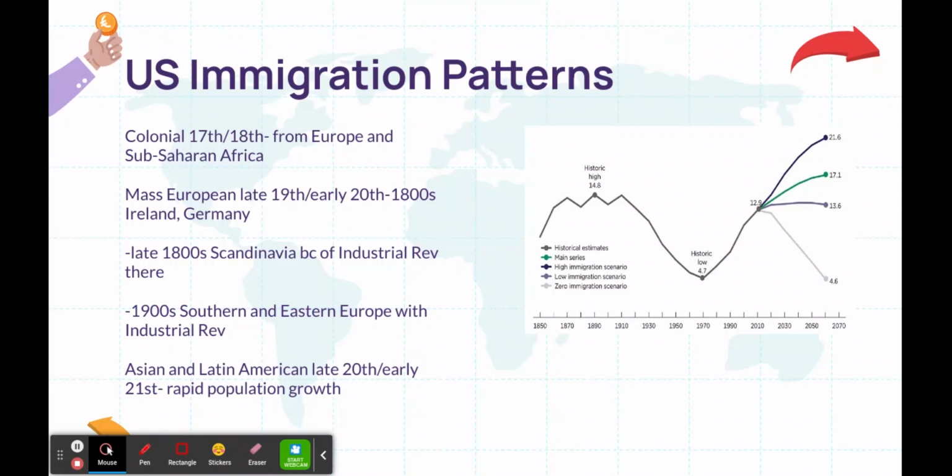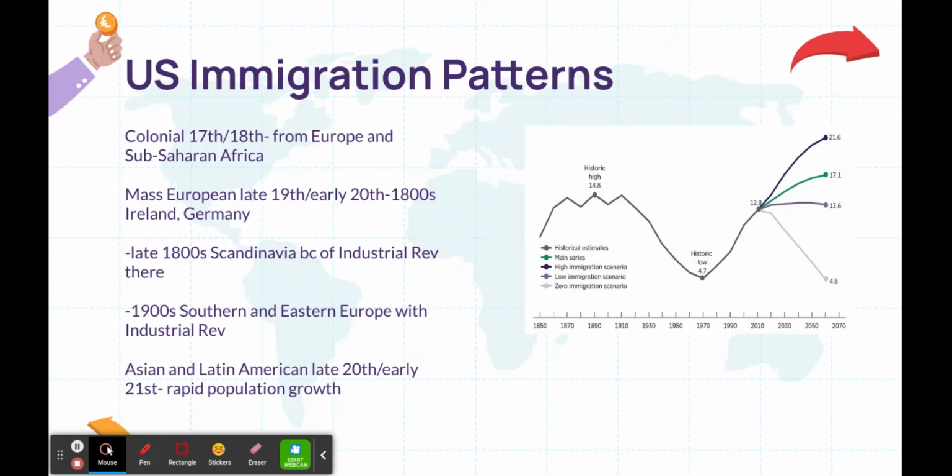During the 19th century in Ireland and Germany, there was enormous economic and political unrest, due to the potato famine. People started to leave Ireland and came to the United States. In the late 1800s, people from Scandinavia migrated to the US due to the Industrial Revolution.